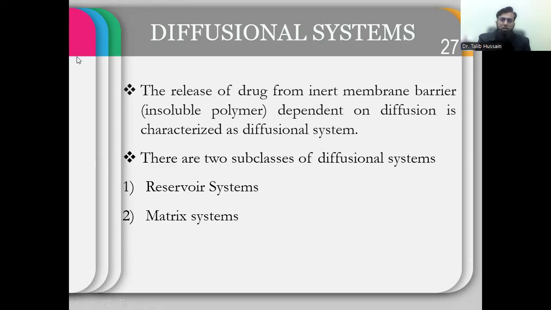Diffusional systems are the systems in which drug release is dependent on diffusion through the polymeric material. This can be achieved if we develop a formulation by incorporating the drug in a polymeric material which is insoluble, or an inert membrane polymer, which is not hydrolyzed or metabolized by our biological system.